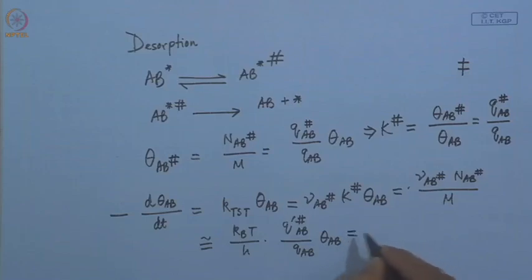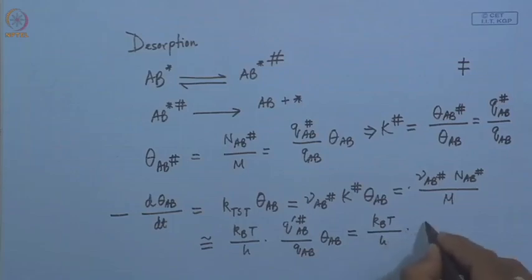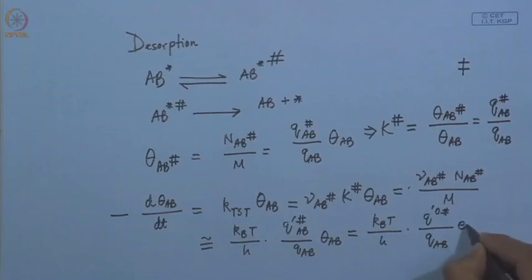Which is equal to KBT divided by h into the same treatment as I did just earlier, divided by QAB, exponential to the power minus delta E by KBT, into theta AB.